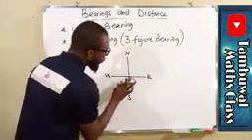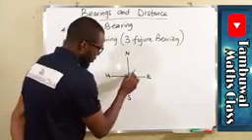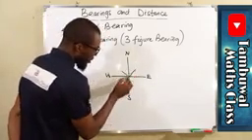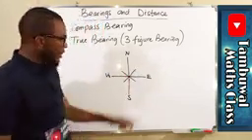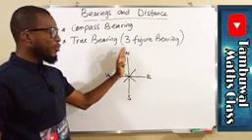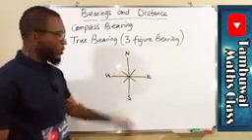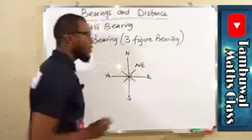In between these four major cardinal points, we may have some points like this. To describe these points, we can either measure from the north or from the south. This is northeast.